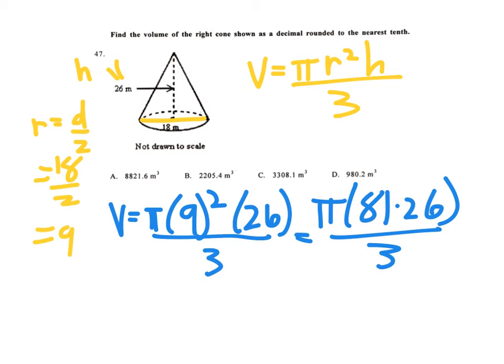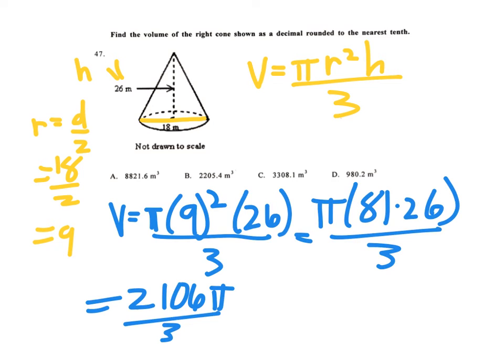I lost my calculator. All right, found my calculator. So we're doing 81 times 26. And then that gives me the whole thing equals 2,106 pi divided by 3. I like to divide by 3 first.